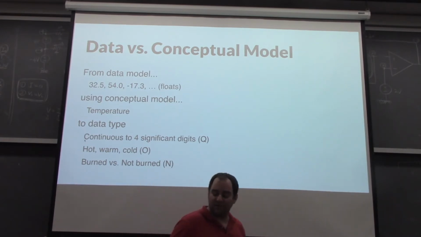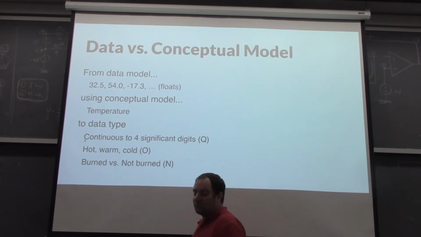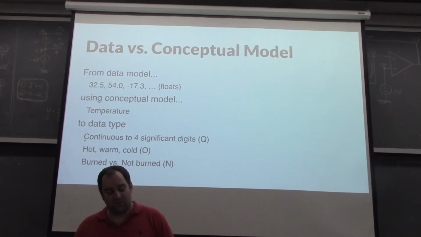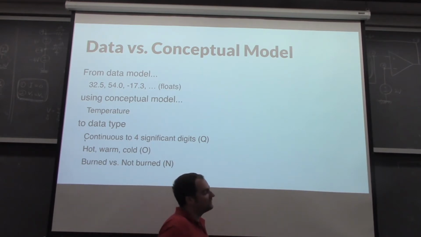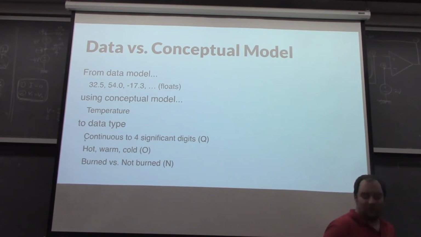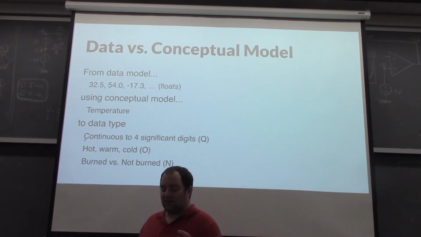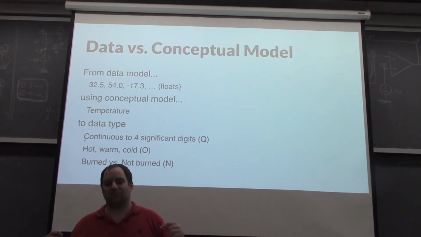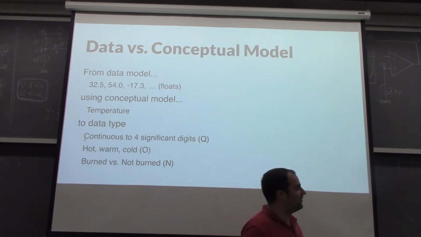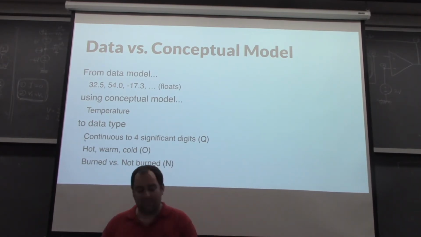We could define our data type to be quantitative, continuous to 4 significant digits, or we could bin it into multiple categories as hot, warm, or cold to be an ordinal data set, or we could infer from that a nominal distinction between burned versus not burned. So what we collect in the data, we have to bring in semantics and reasoning about, and then we very often have to transfer it to a data type that makes sense for a specific application.